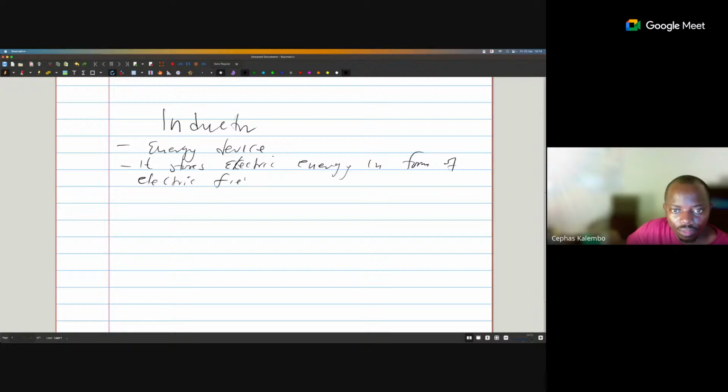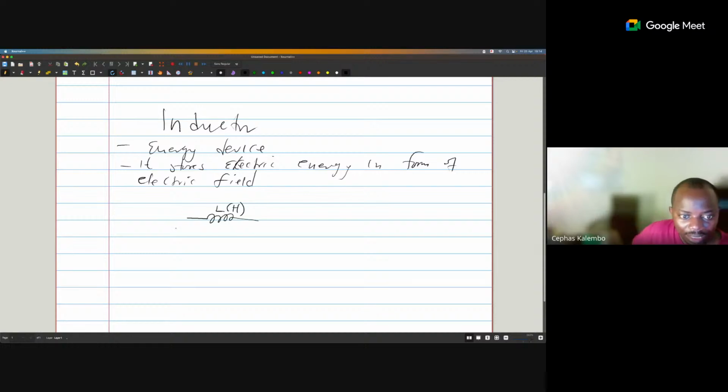So an inductor might be like that. So this inductor is represented by L, in henries. Okay? It's measured in henries.